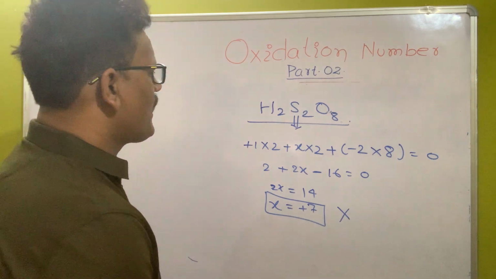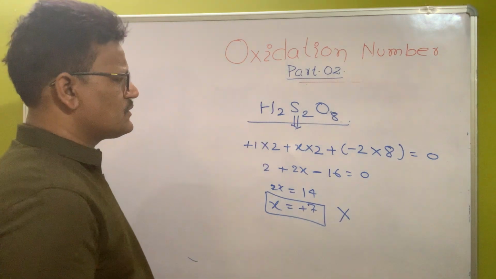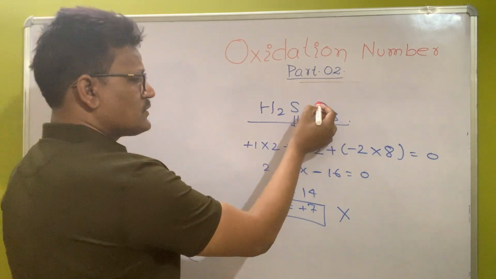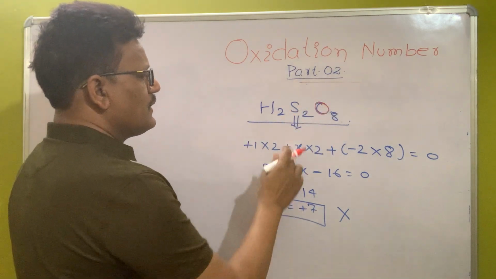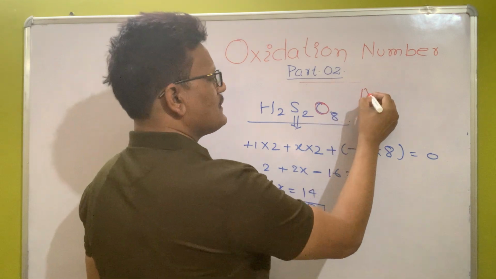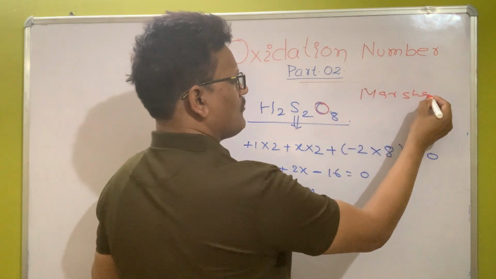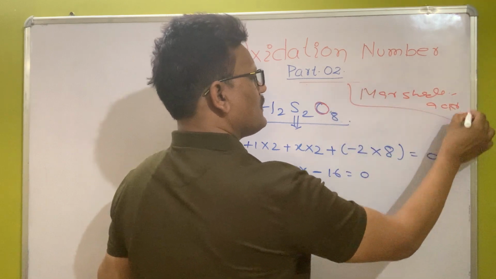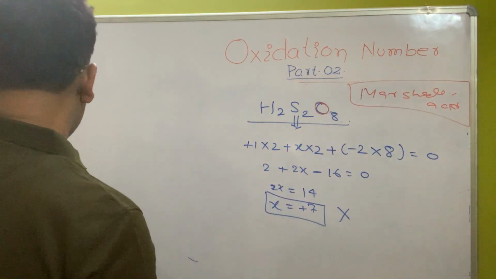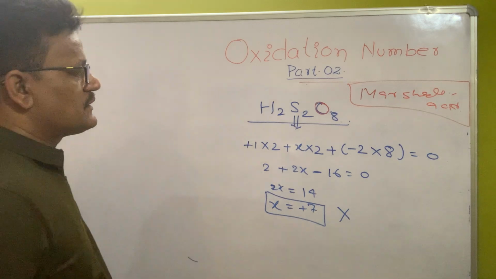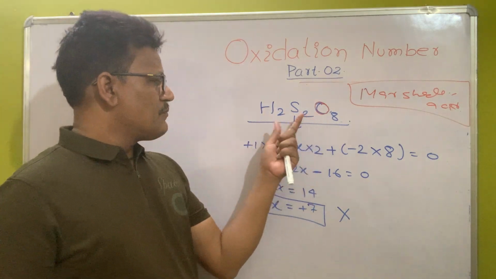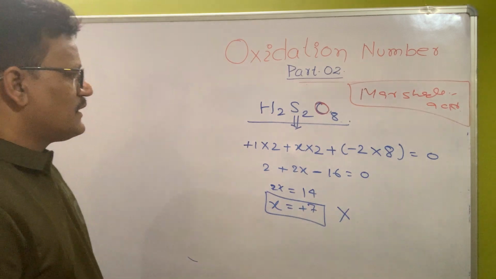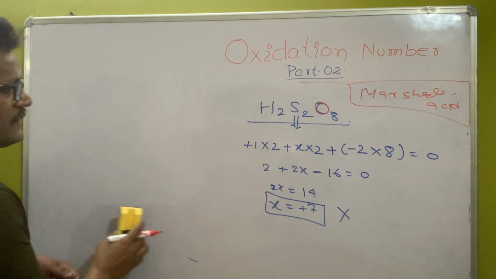So what happens in case of H2S2O8? H2S2O8 is also known as Marshall's acid. Remember its commercial name or common name, Marshall's acid, H2S2O8.